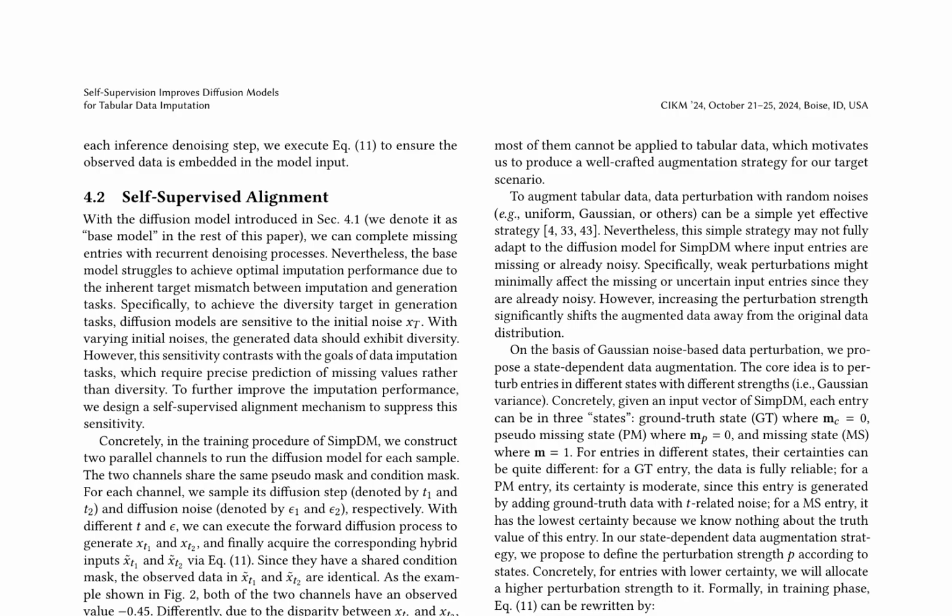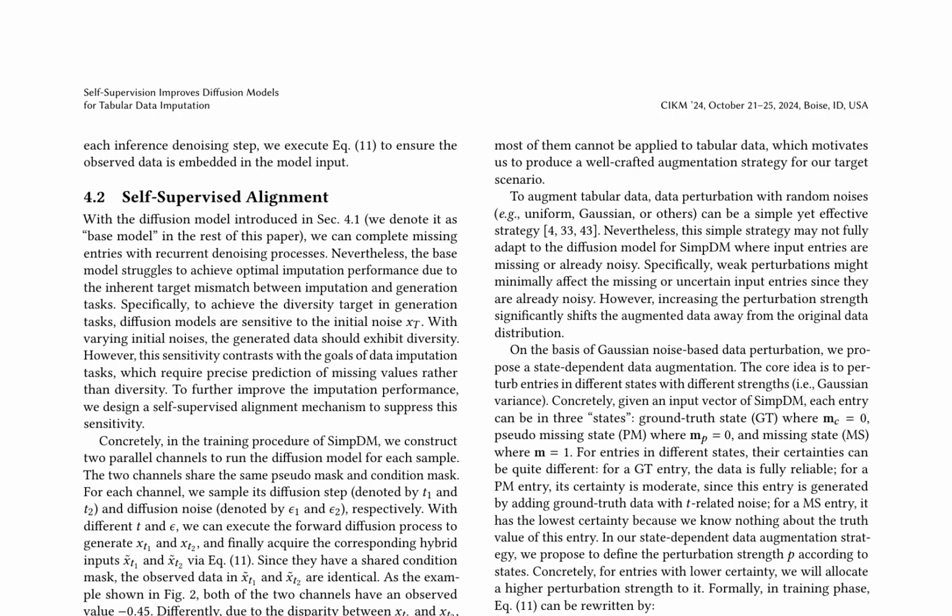The authors propose SimpDM, a novel diffusion model for tabular data imputation that addresses the limitations of existing methods. SimpDM introduces a self-supervised alignment mechanism to suppress the sensitivity of diffusion models to diverse noisy inputs.